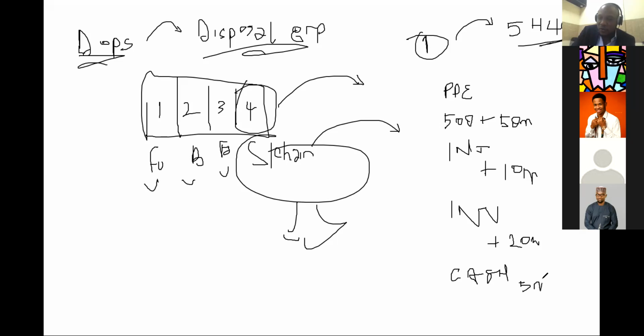Now, what will happen once that disposal group meets the held for sale criteria? All of these amounts, 50, 10, 20, that's 80, 85, this whole 85 will be reflected under current assets, because this disposal group has now become essentially a current asset, as we are going to sell it within the next 12 months.